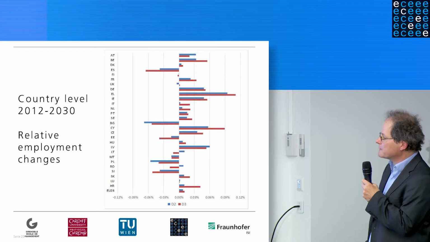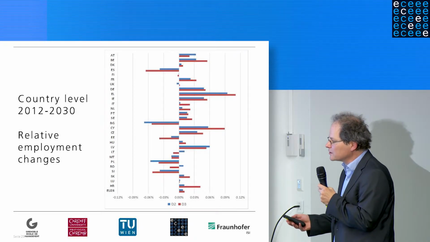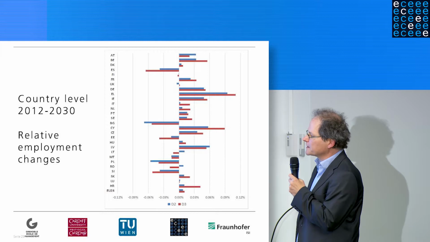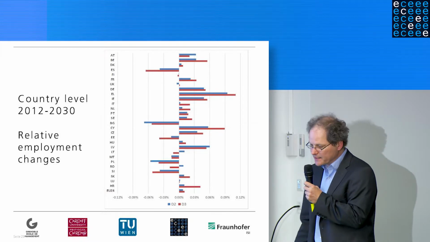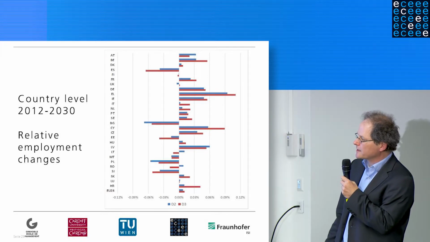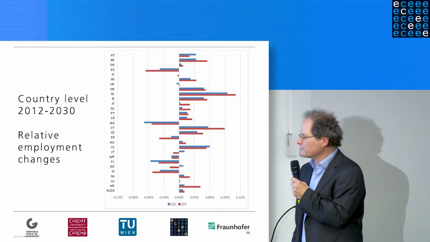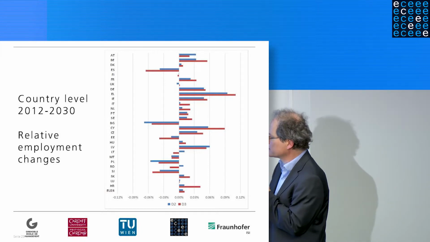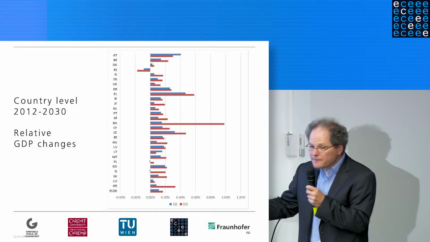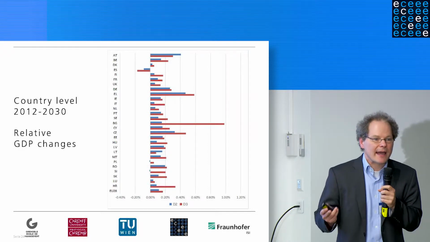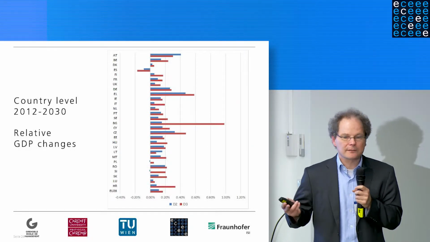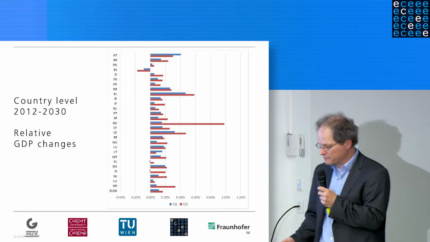If you look at employment, the situation looks a little bit different. Some additional countries show a decrease in employment, especially in Eastern Europe, Bulgaria, you see here, Poland, even though these countries have a rather higher increase in GDP.